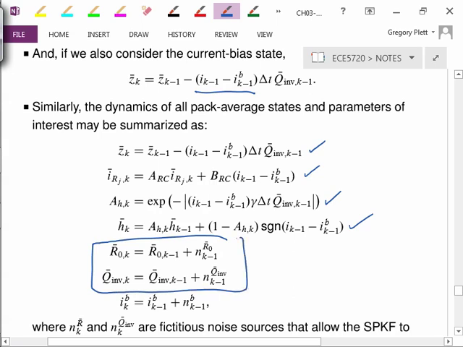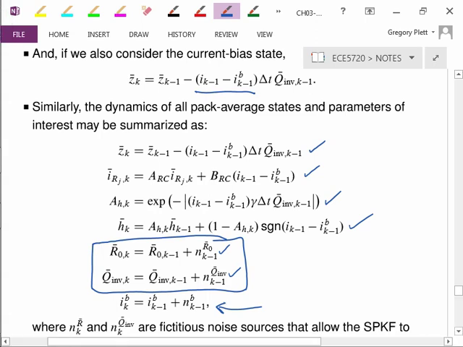We introduce here a new thing, which is an estimate of the pack average resistance and an estimate of the pack average capacity. And we allow these estimates to vary using fictitious noises, just like we did for the current sensor bias, which is kind of an interesting thought.